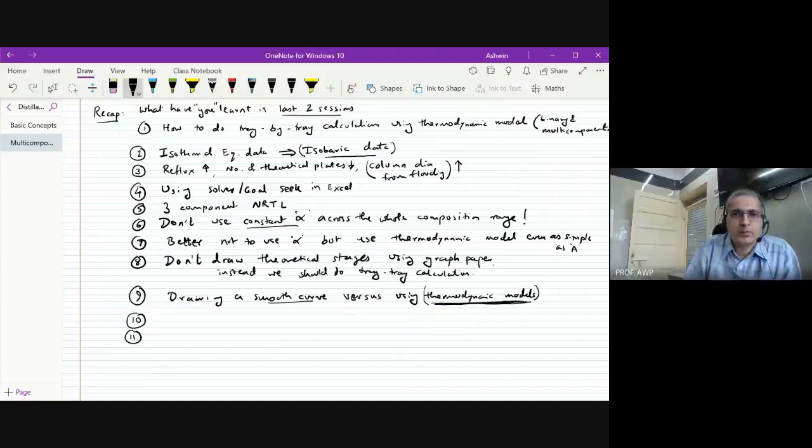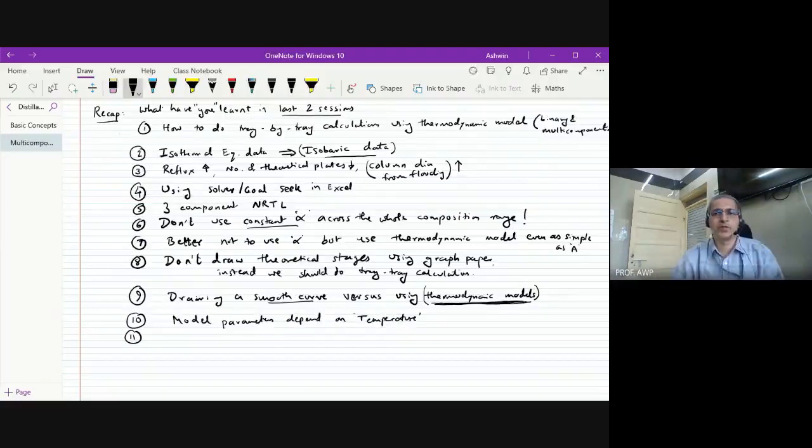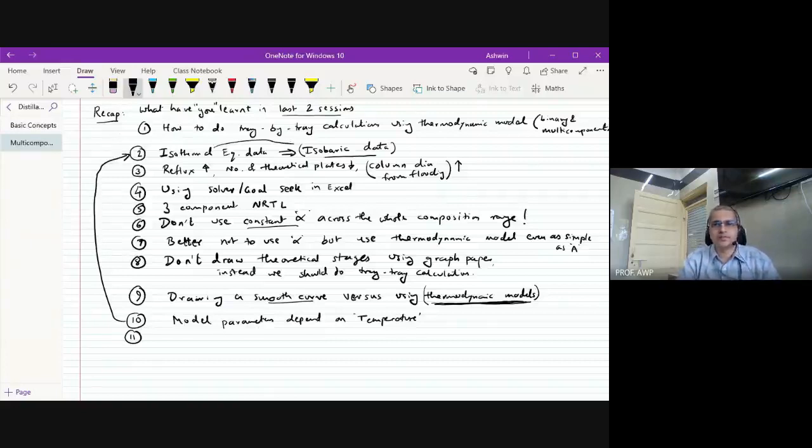So these model parameters depend on temperature because they represent interaction between components, and interaction becomes weaker and weaker as the temperature goes up. Therefore, it typically follows an exponential relationship, like an Arrhenius kind of expression. So they do depend on temperature, and that's how we in fact converted isothermal data into isobaric data. Anything else?